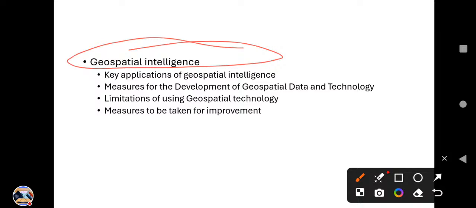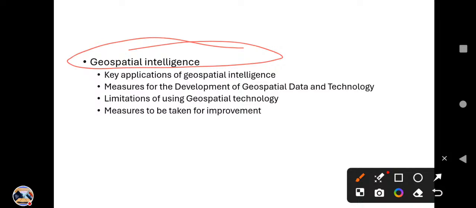Geospatial technology uses tools like geographic information system (GIS), global positioning system (GPS), and remote sensing for geographic mapping and analysis of geospatial data, like NavIC or IRNSS, which is developed by India.